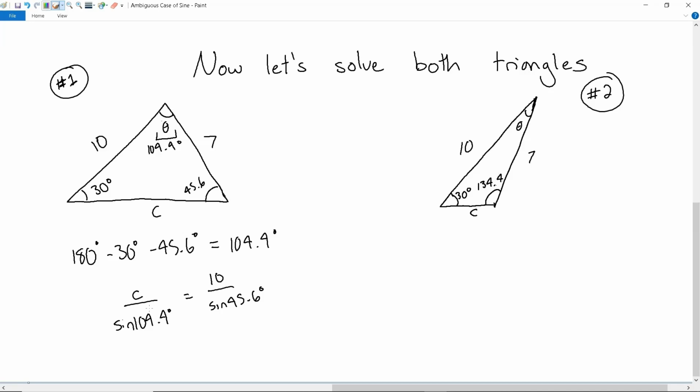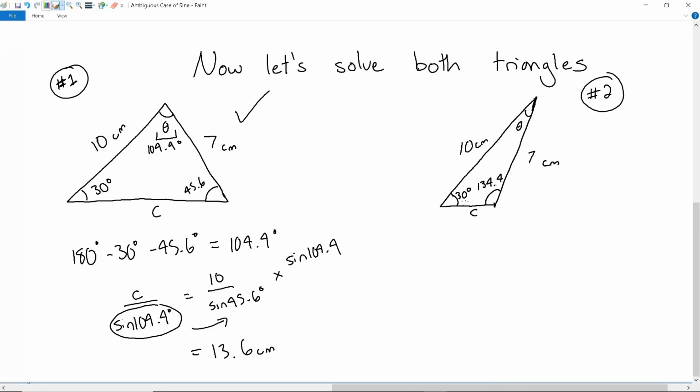So to isolate for C, I just need to move this over here as multiplication. So if I were to plug all of that into my calculator, I get roughly 13.6 centimeters. And I guess I should clarify that this is centimeters up here. So that's triangle number 1 solved.